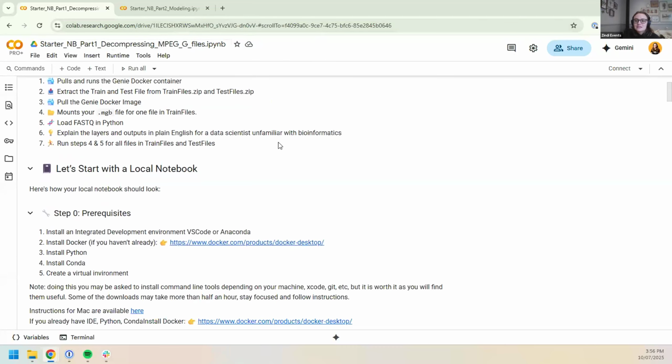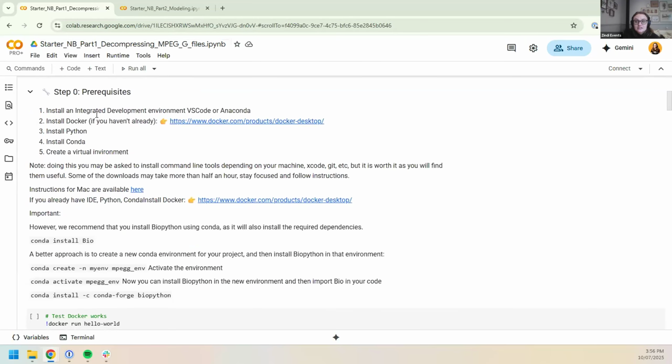So first of all, we need to make sure that we've got Docker installed. On the competition page, there is how to install and how to start using Docker for Mac, Windows and Linux. So that's all on the competition page. Please note that it is near impossible to run Docker on Colab.